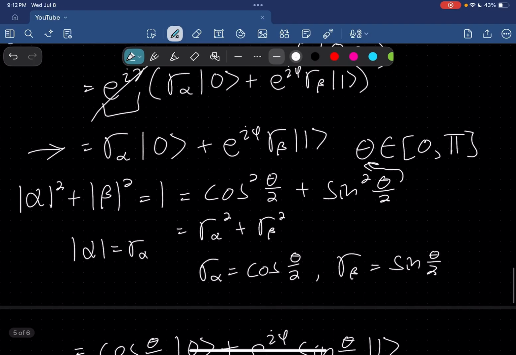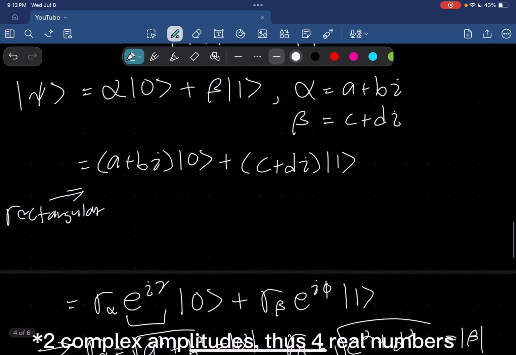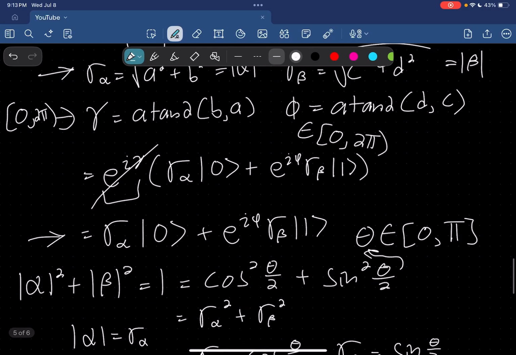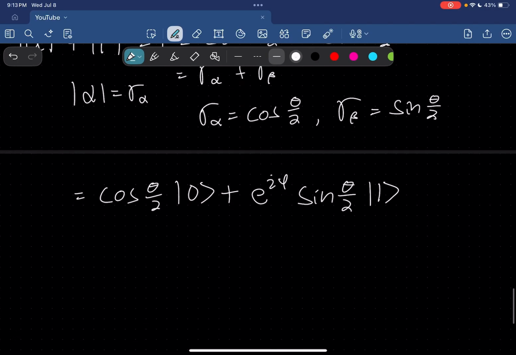So we went from having four real numbers, because alpha and beta are complex numbers, so each one has a real part and an imaginary part, right? So we have 4 real numbers here. And we're actually able to parameterize any qubit with just 2 real numbers, phi and theta, 2 angles.